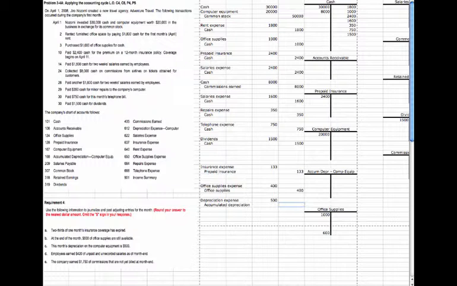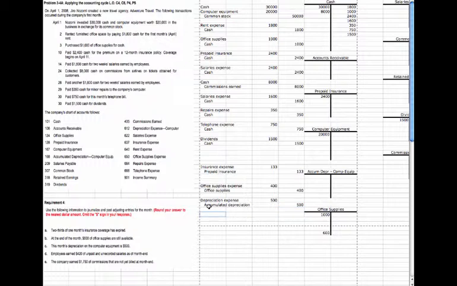This accumulated depreciation account is how much we've used up. Because it's sitting on the balance sheet, it's going to accumulate as long as we own the property. At the time that we dispose of the property, we'll have to get rid of both the equipment as well as the accumulated depreciation.